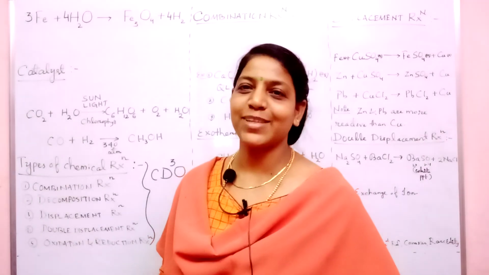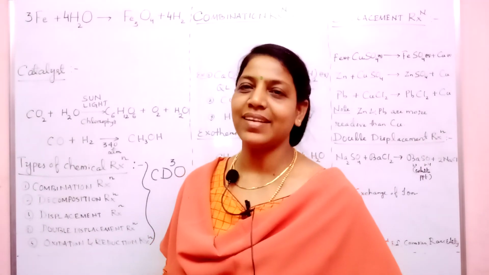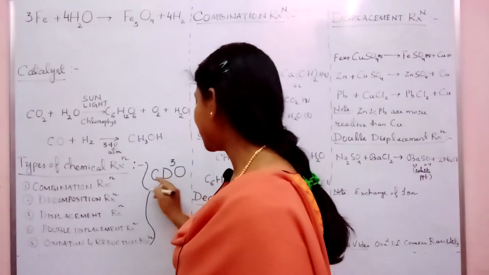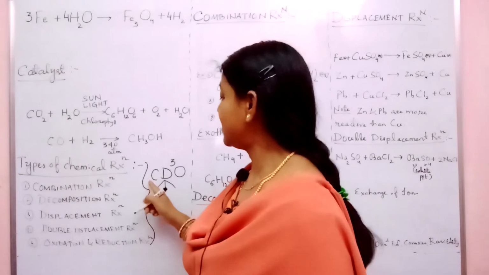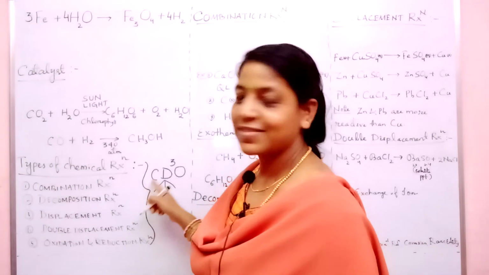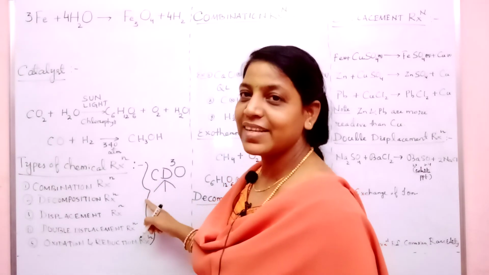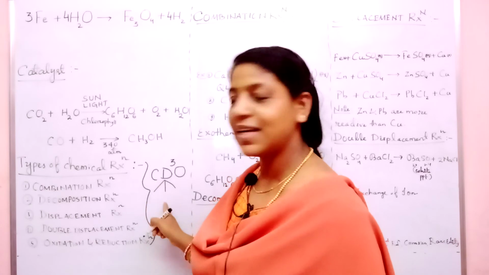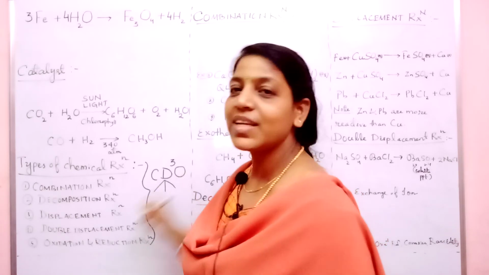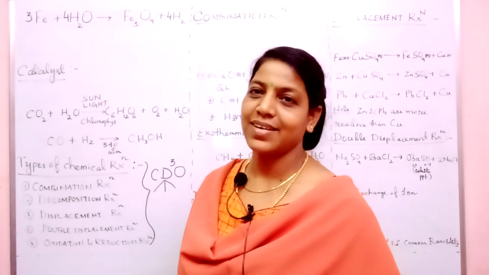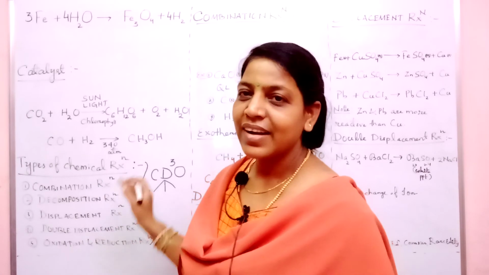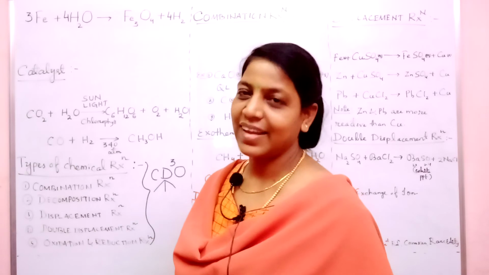You know D to the power 3 means D multiplied 3 times. So similarly here D, so CDDDO. C stands for combination. The first D is decomposition, the second D is displacement, the third D is double displacement. Then O is oxidation and reduction. This is the shortcut method to remember the types of chemical reaction.